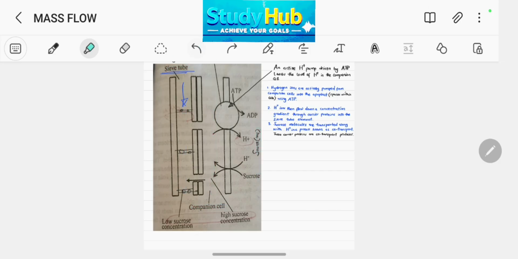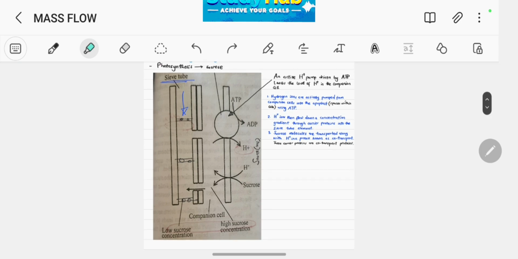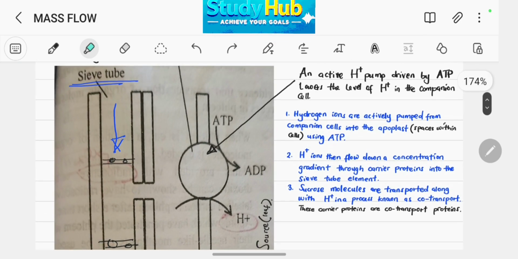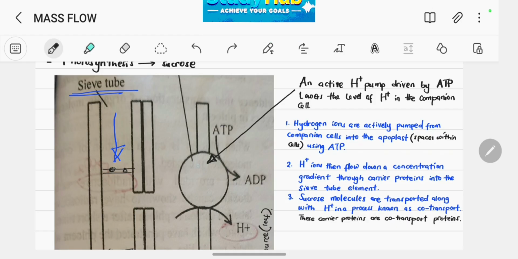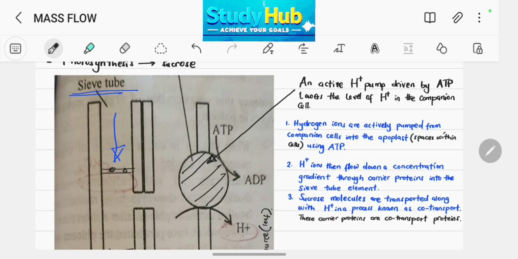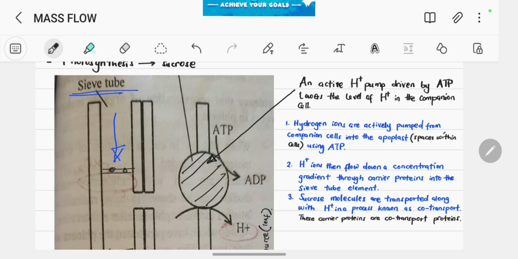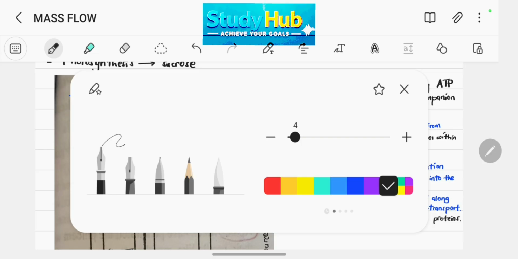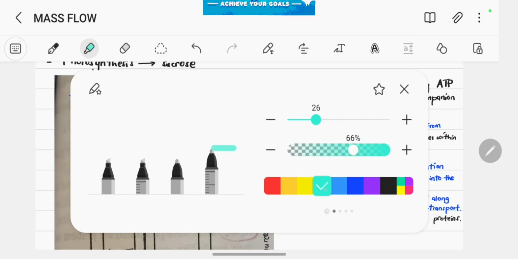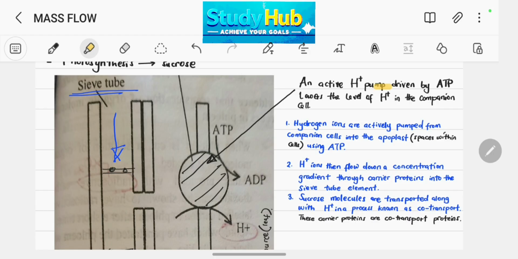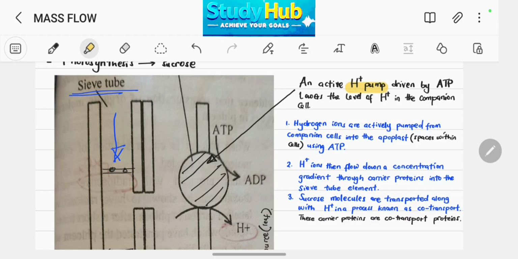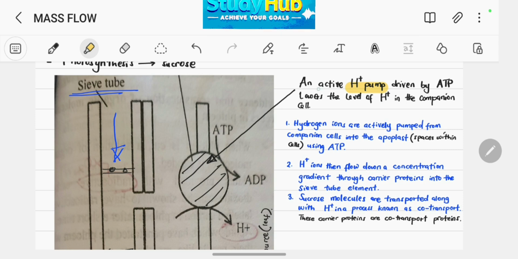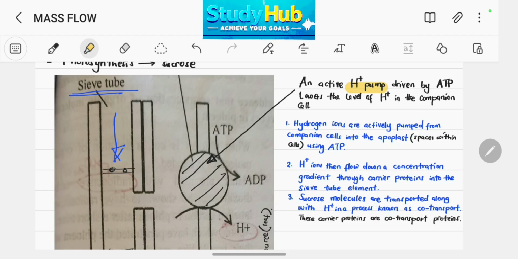Then we shall go on and identify this molecule here. This is our hydrogen pump. And that hydrogen pump is going to actively pump hydrogen ions using up ATP.